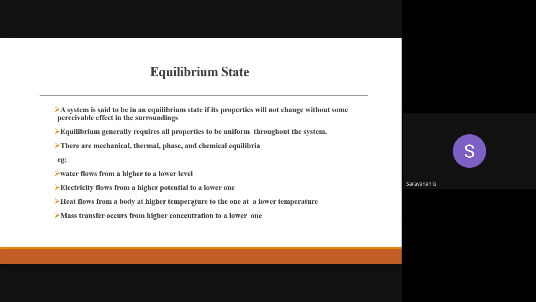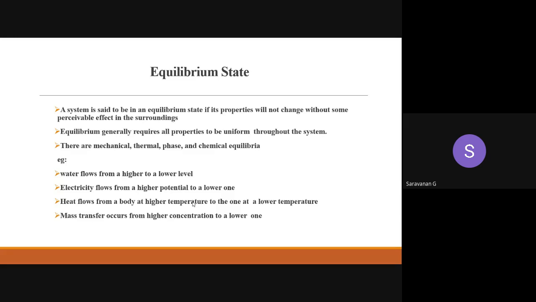Sir, yeah, all of them, I think. Like it is in mechanical, thermal, phase, and chemical equilibrium. Yeah. So water flows from a higher to a lower level. Water contains some chemical composition. Mechanical work also takes place when it flows from a higher level to a lower level, and the chemical composition can also change, and the temperature corresponds to the level of pressure.